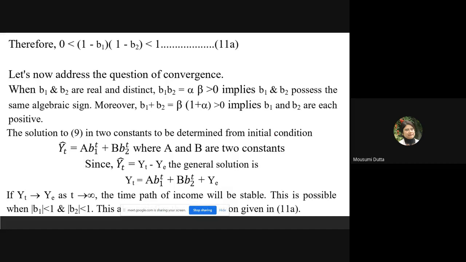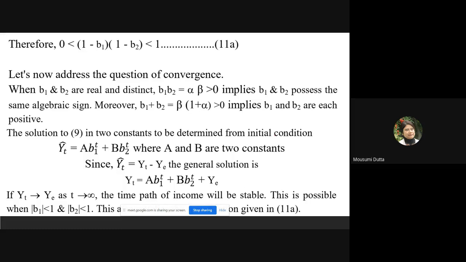Next, we will try to address the convergence, divergence, all this kind of issues, stability issue, in fact. And we will move towards calculation of complementary function, CF. Okay? So all these things we are going to do.